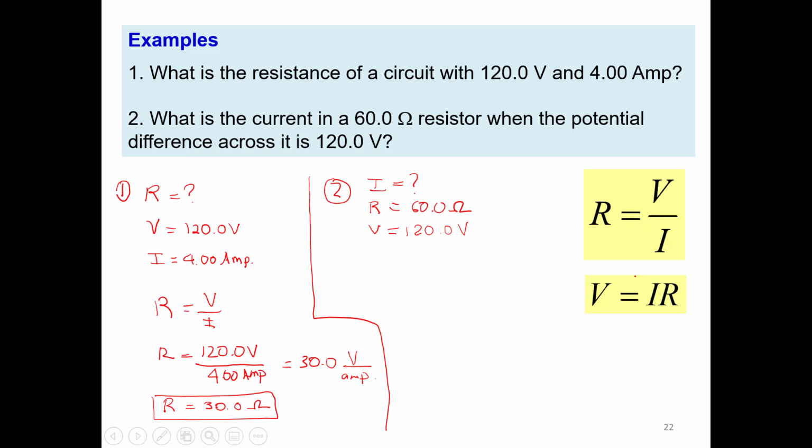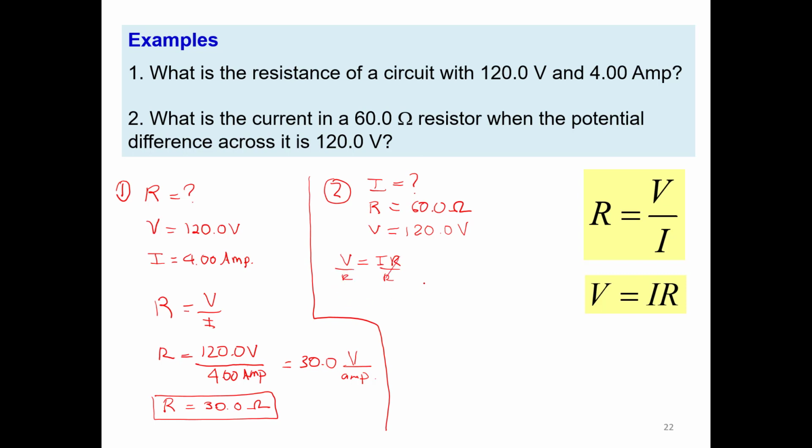In this case, we need to solve for the current. It will be easier if we use the equation in the second form. Voltage equals resistance times current, and we need to solve for the current, so we divide by the resistance on both sides.